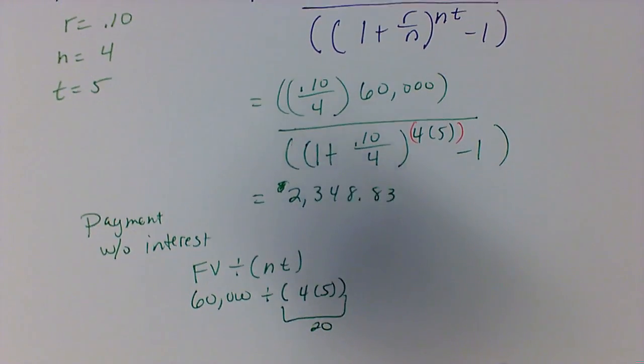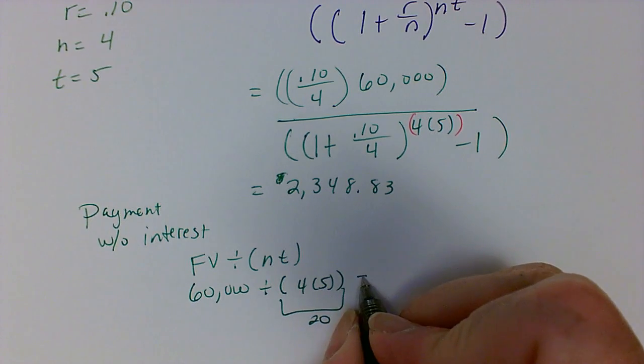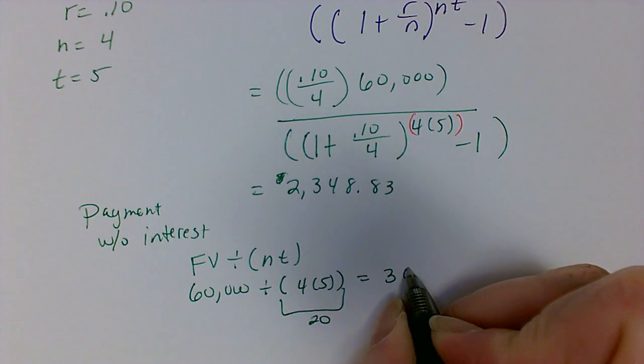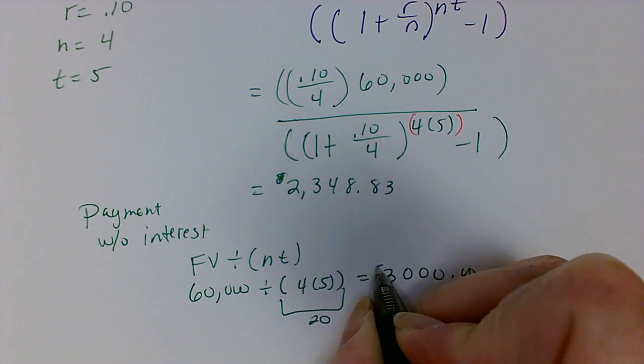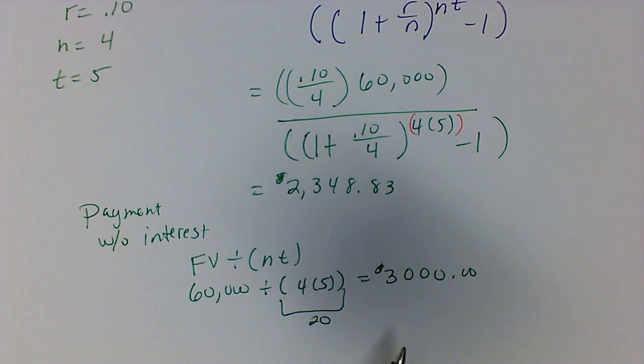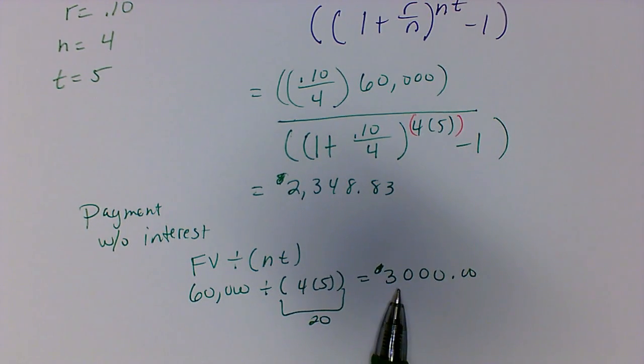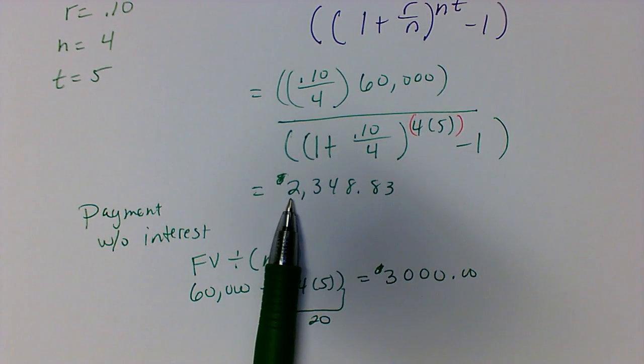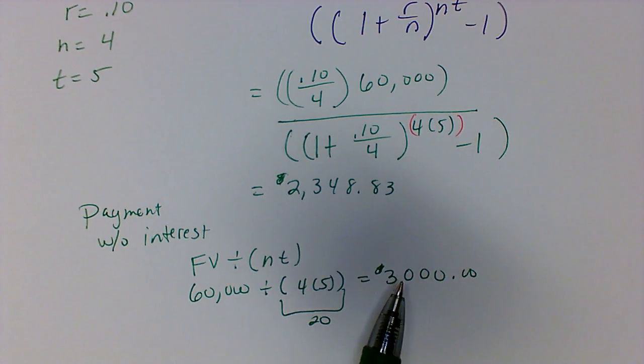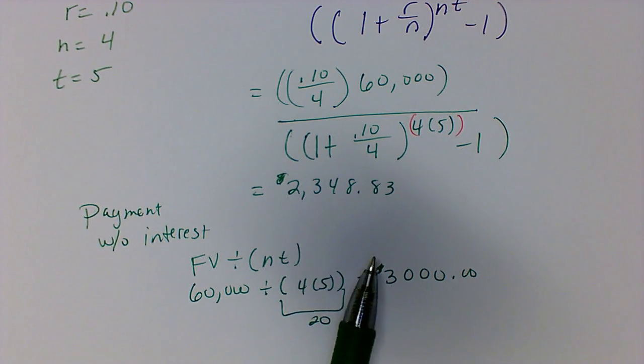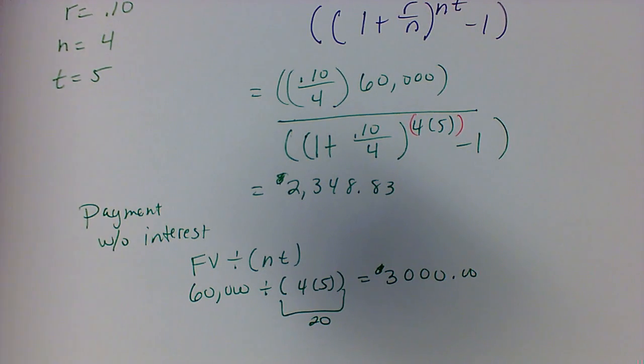We're making 20 payments. And when we do that division, we are getting $3,000. So if we were not in an interest-bearing account, we would be looking at having to save $3,000 ourselves each quarter versus $2,300. So we're actually saving $700 every quarter in what we would need to be paying in.